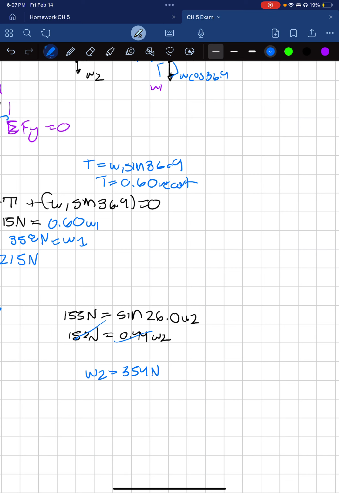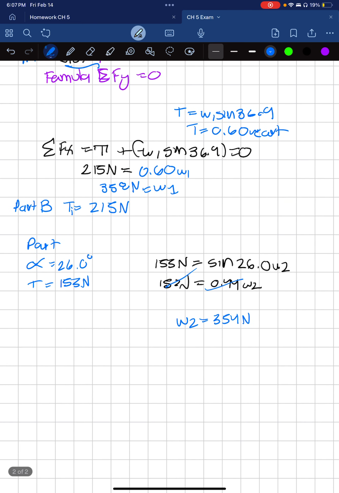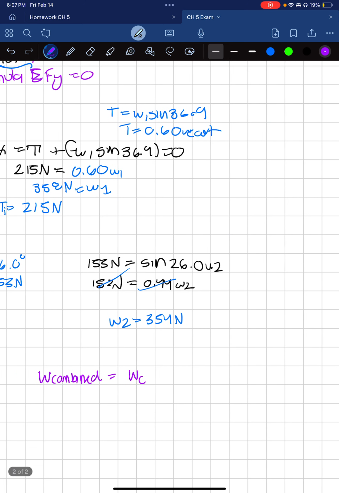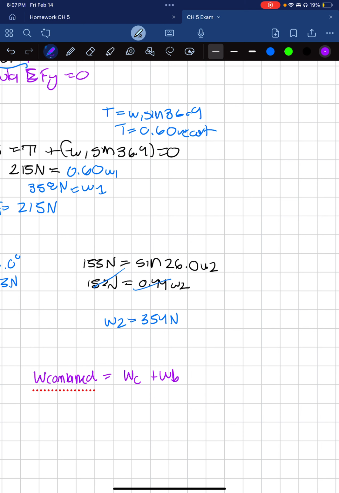Now let's see what's the next question for our part D. What is the combined weight of the cart and bucket? Okay, part D. They're asking us what is the combined weight. So we're gonna use the combined weight formula, and then let me put it right here. Combined, which is gonna be the weight of the car and the weight of the bucket.